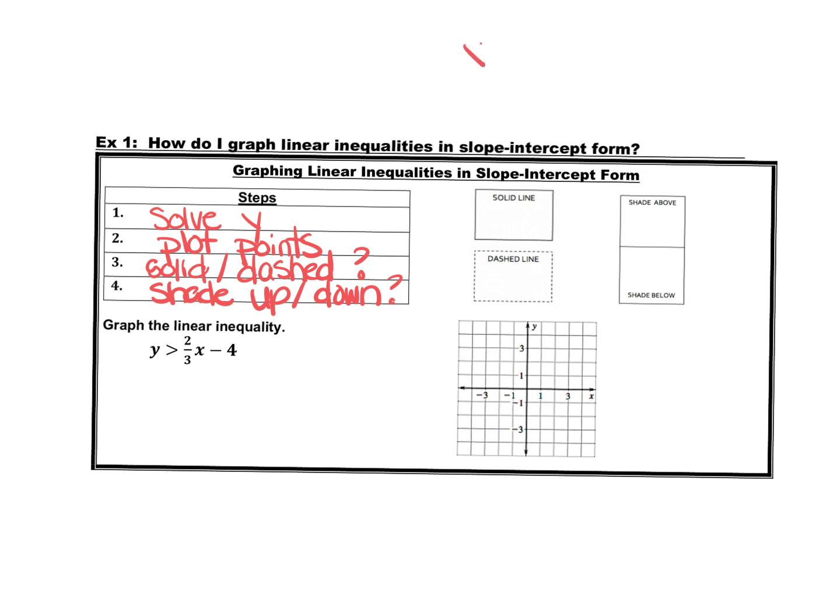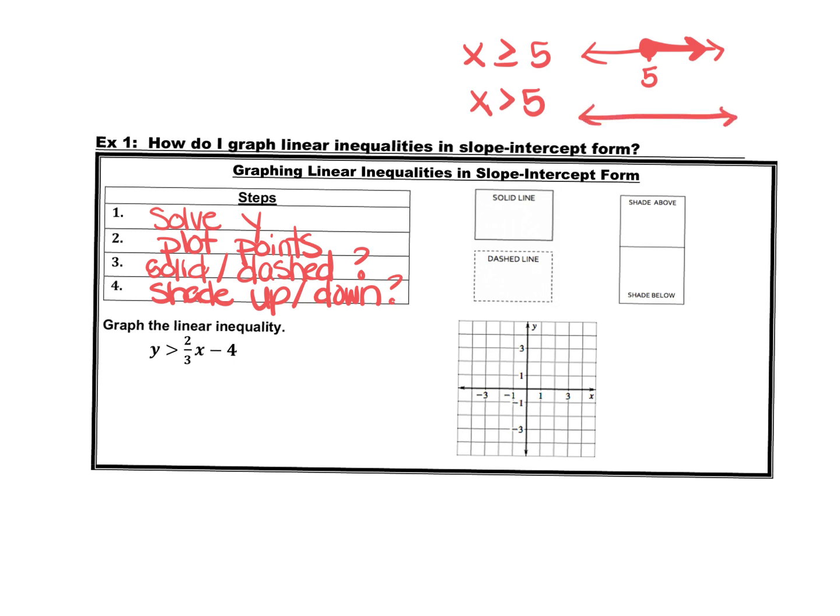Remember when we graphed things like x is greater than or equal to 5 or x is greater than 5? We said that if you have x is greater than or equal to 5, the solution would include the 5 and everything greater than 5. So we had a solid dot, and then we shaded everything to the right. When we had just x is greater than 5, it means that it does not include the 5.